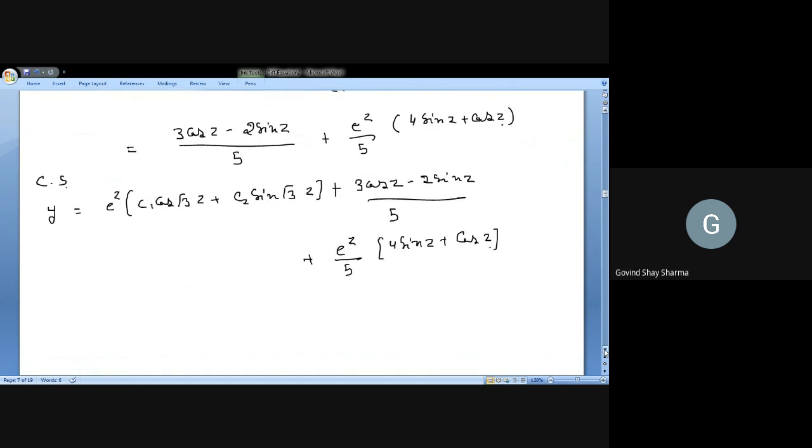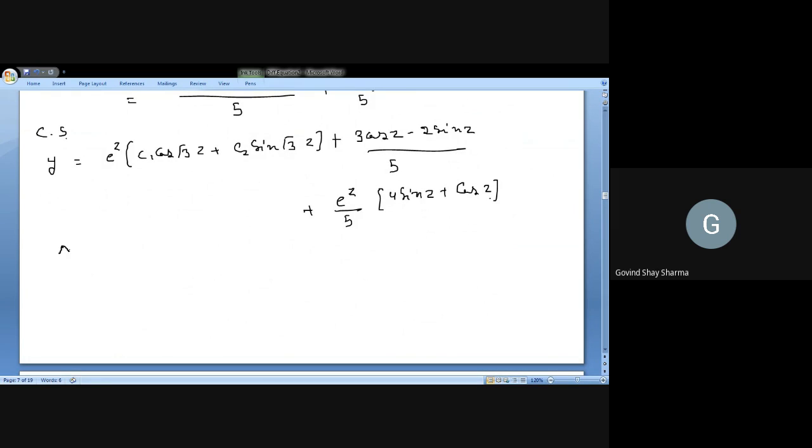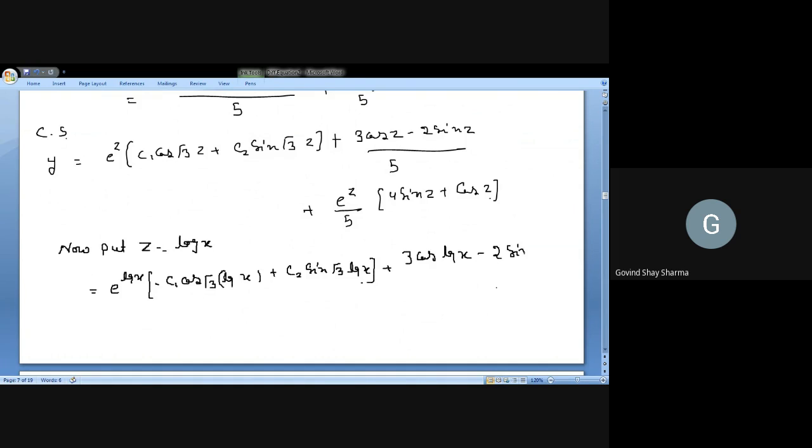Now put z is equal to log x. So e to power log x, c1 cos under root 3 log x plus c2 sin under root 3 log x, plus 3 cos log x minus 2 sin log x upon 13, plus e to power log x, which becomes x, upon 5 times 4 sin log x plus cos log x.